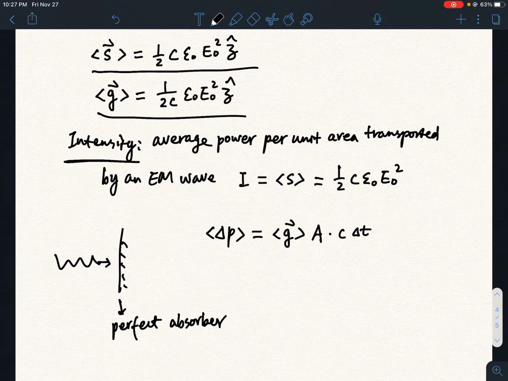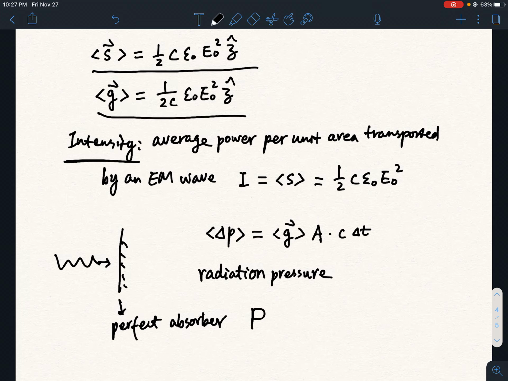This is the average momentum transferred by the light to this wall. Once we have this, we can get the so-called radiation pressure, which is defined as average force per unit area.